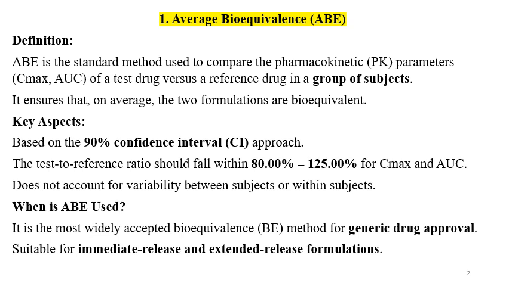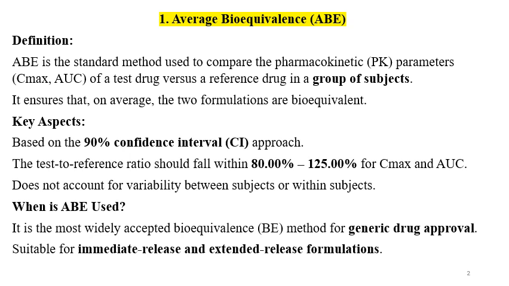Average bioequivalence study, by definition, we can say that average BE is a standard method used to compare the pharmacokinetic parameters of the test drug versus reference drug in the group of subjects. We know about the studies like crossover study, parallel study.